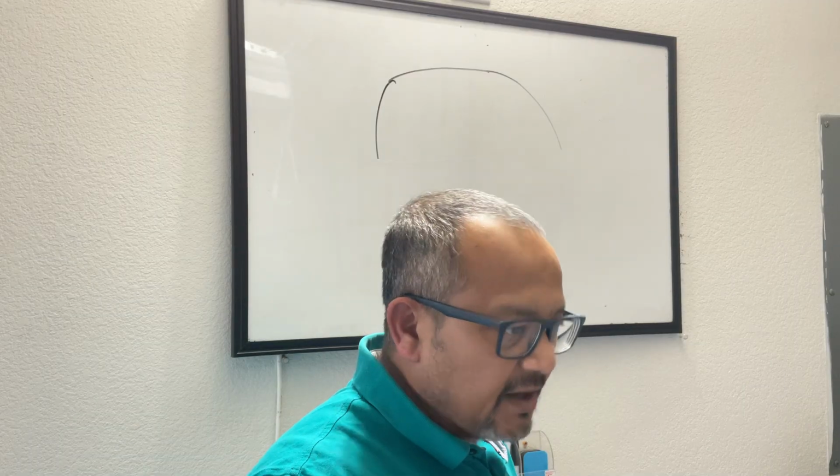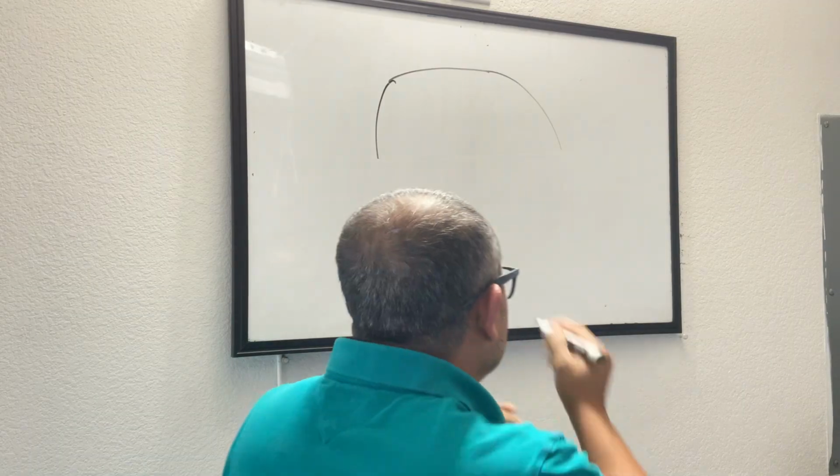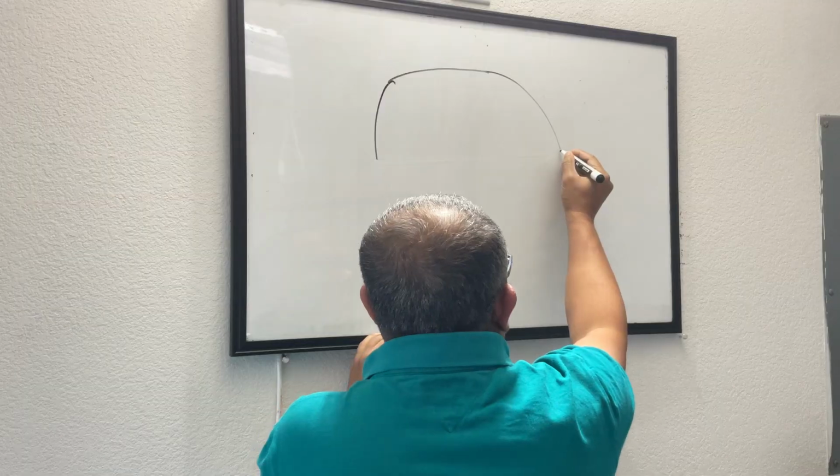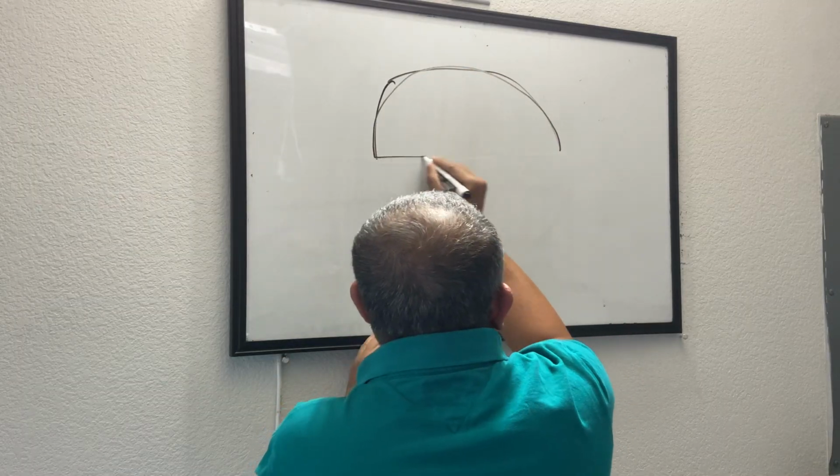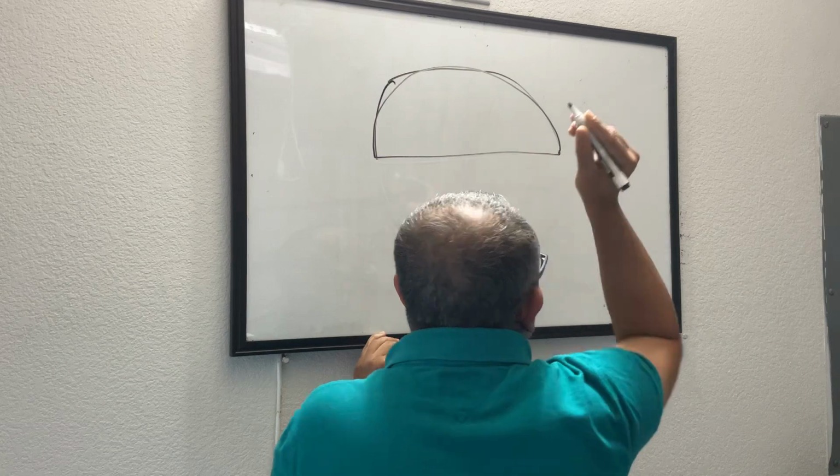It doesn't look like a semicircle. So, any shape that we talk about is always a closed shape. You have a starting point and an ending point. You're starting from here and you're coming back to the same place and closing it.